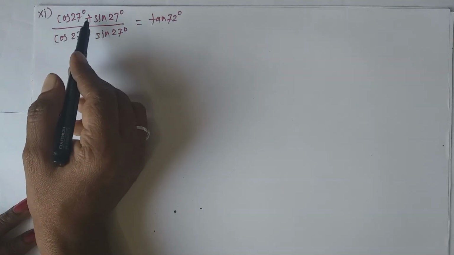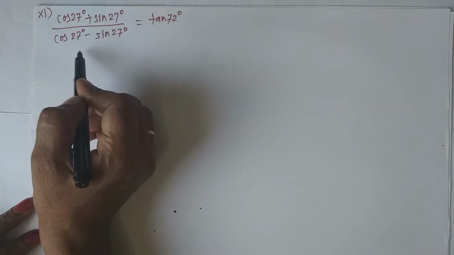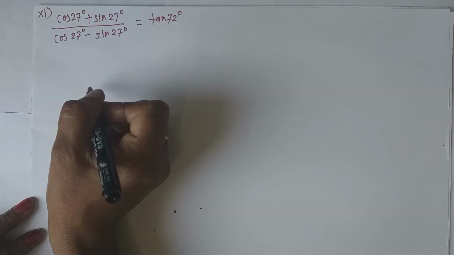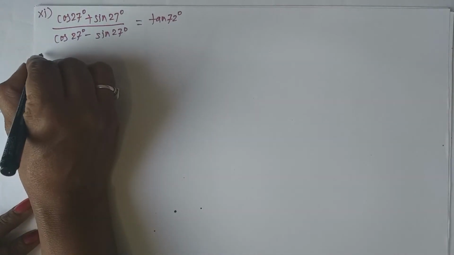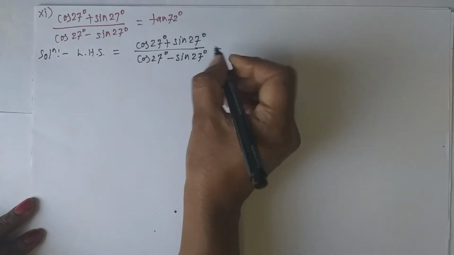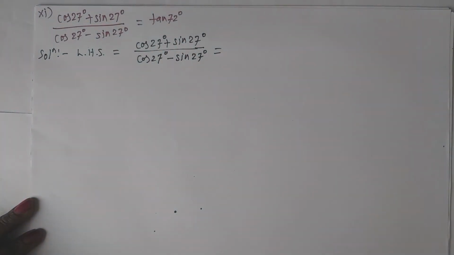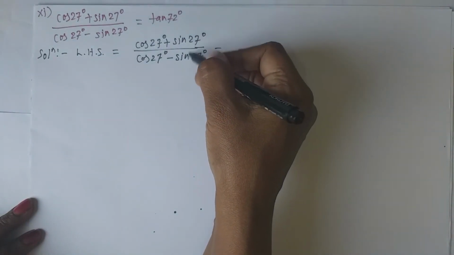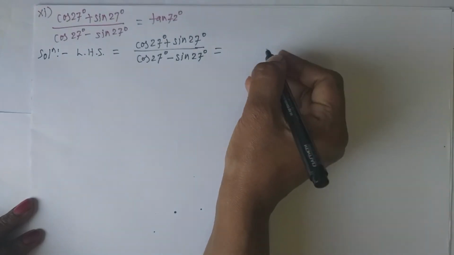Cos 27 degree plus sin 27 degree divided by cos 27 minus sin 27 degree is equal to tan 72 degree. Okay. In the solution you write down the left hand side as it is. Here to the right hand side there is tan, and if I divide numerator and denominator by cos, then sin divided by cos gives tan.